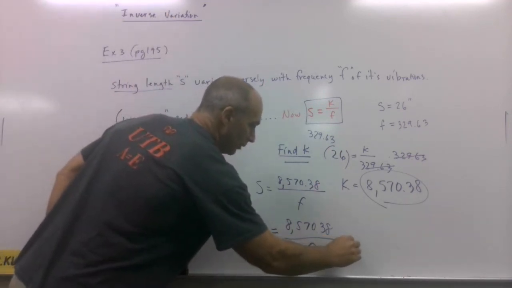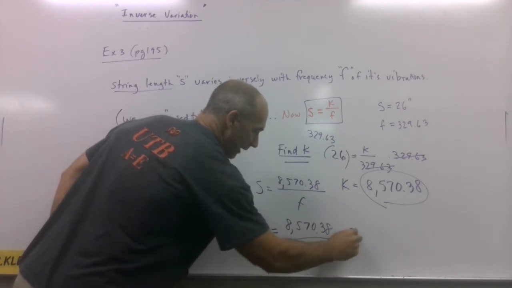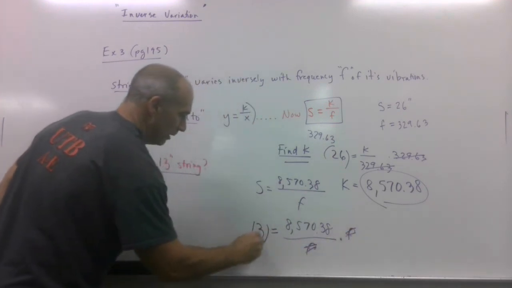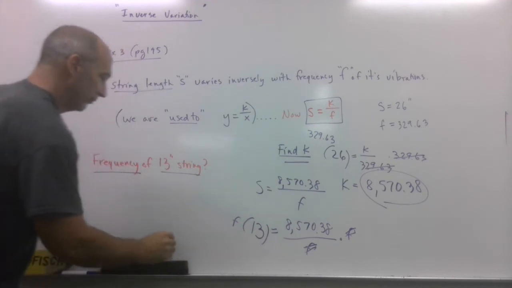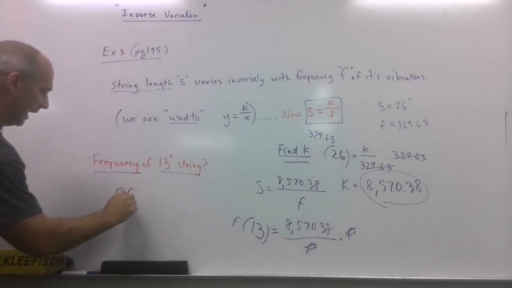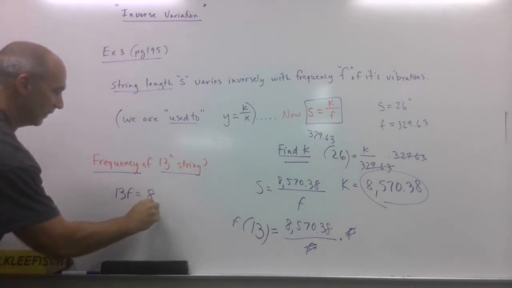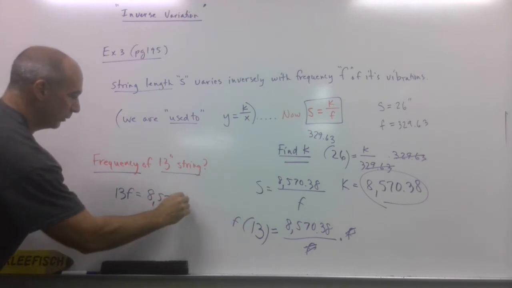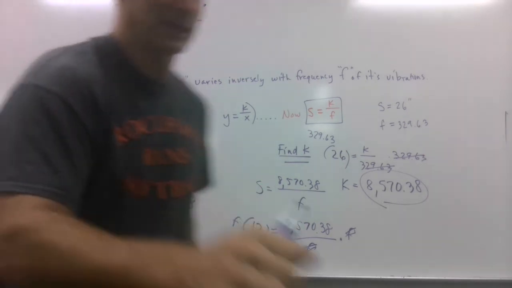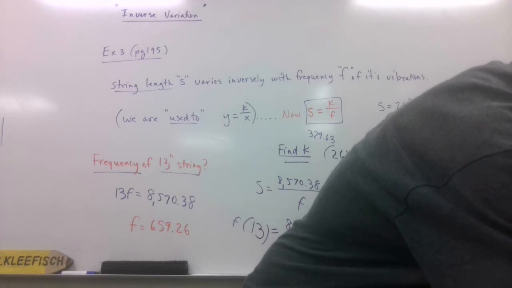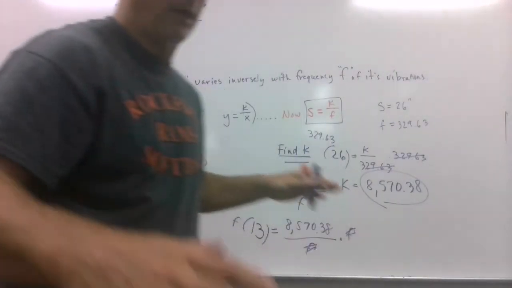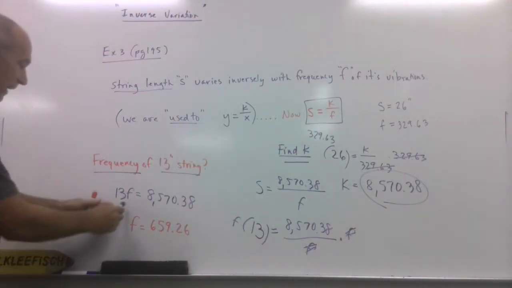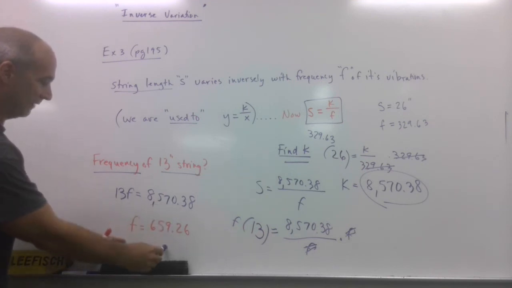So we're going to get rid of it over here by multiplying by F, because that would cancel. We've got to multiply that side by F. So this turns into 13F equals 8,570.38. Give me a second. Okay, so did the math, divided both sides by 13, that F is equal to 659.26.